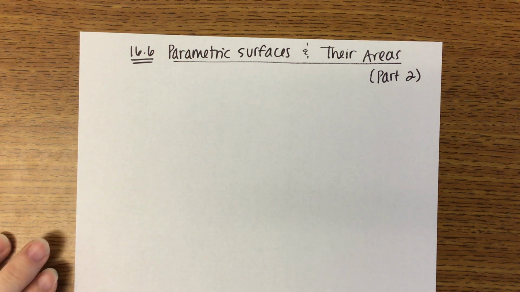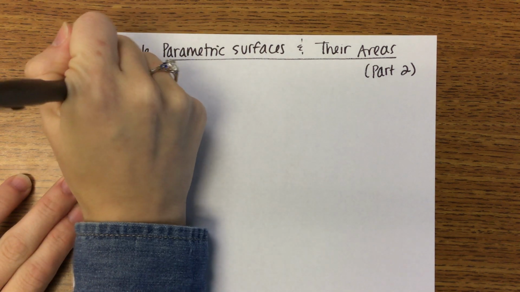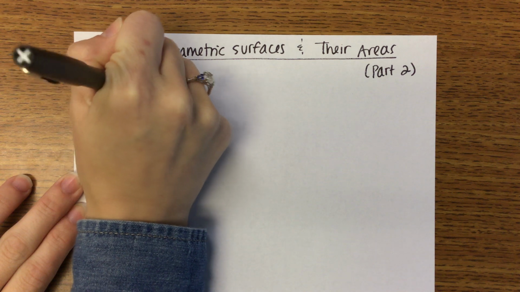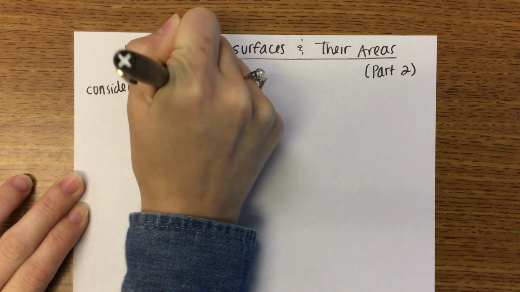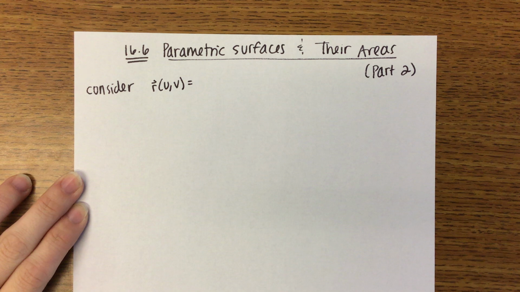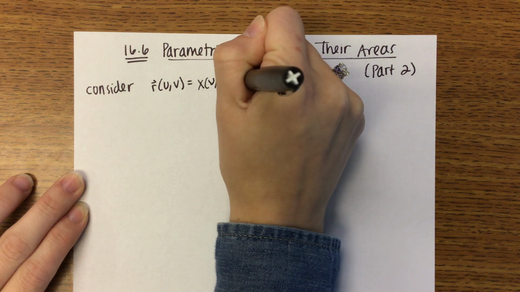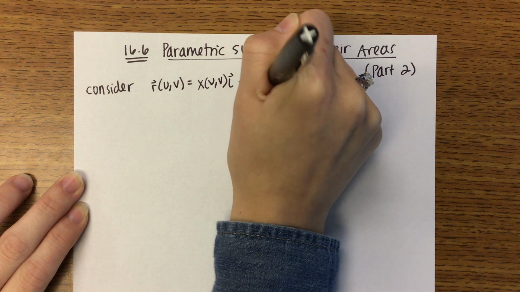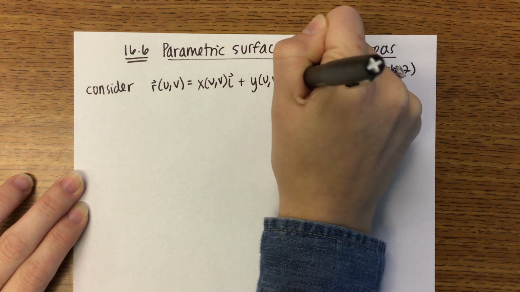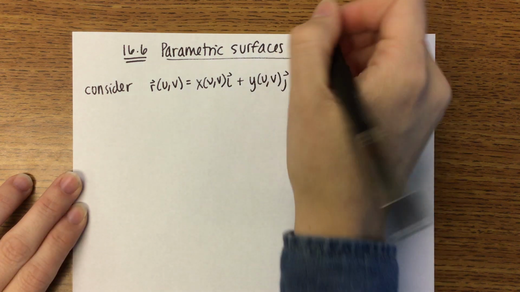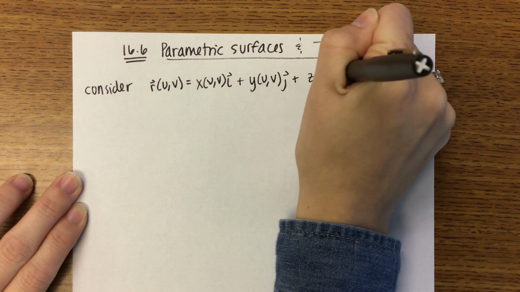Okay, so today we're going to talk about surface area of parametric surfaces. Let's consider that we have some parametric surface. It's going to be r(u,v), the same as what we did yesterday. x will be in terms of u and v, y will be in terms of u and v, and then z will be in terms of u and v.